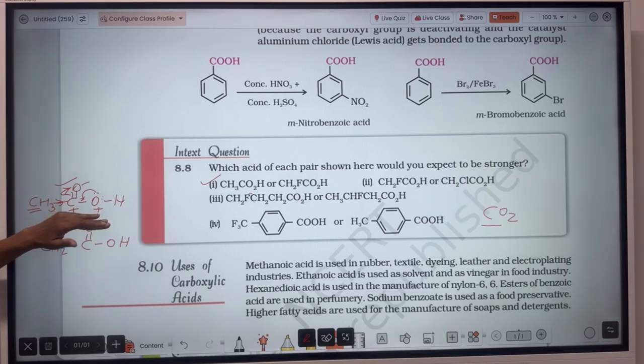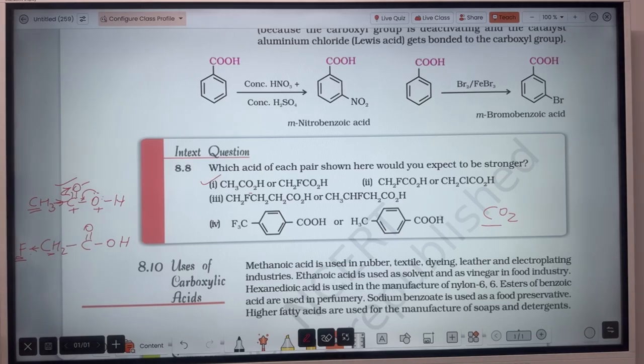In this case the molecule is 2-fluoroethanoic acid. In the case of ethanoic acid, that was the phenomenon involved, and in the case of 2-fluoroethanoic acid, what is happening here? Fluorine is attracting the electron towards itself from the methyl part due to its high electronegativity. Fluorine is the most electronegative element, you know already.